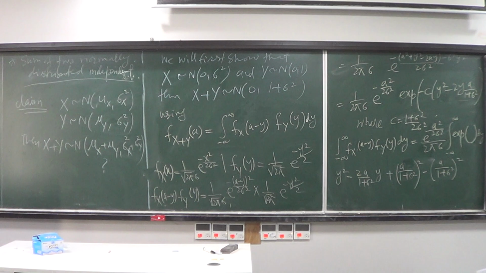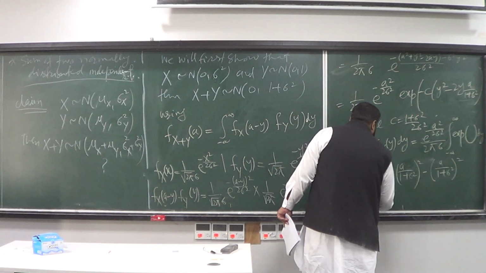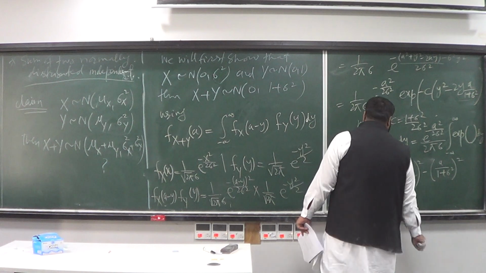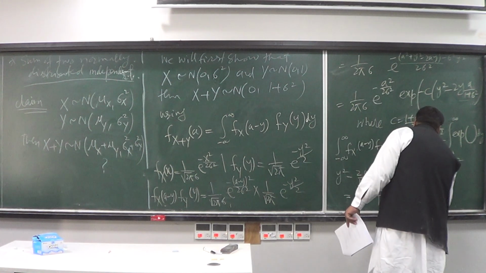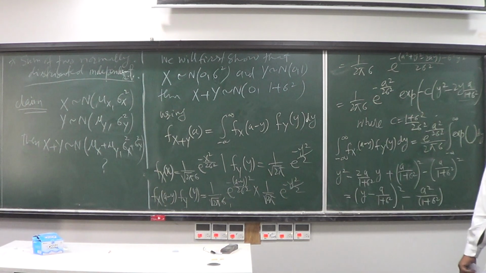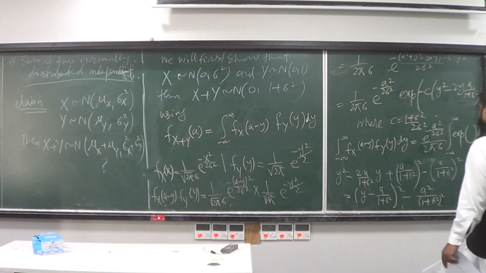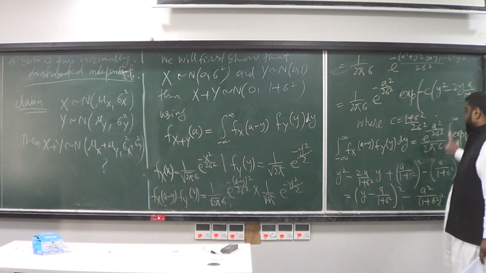So this is what you're going to get. If you take this, then you can write it as y minus a over 1 plus sigma square, everything squared, minus a square over 1 plus sigma square, squared. So this expression is equal to this.